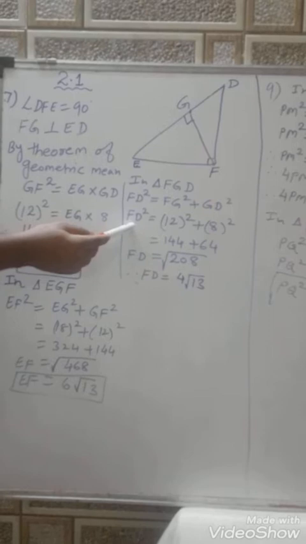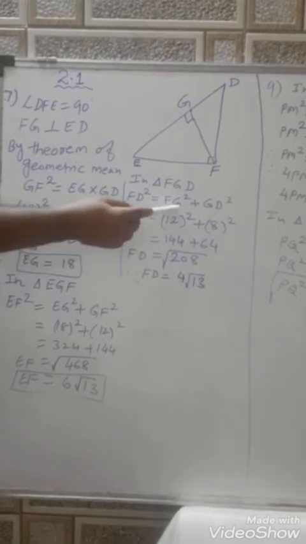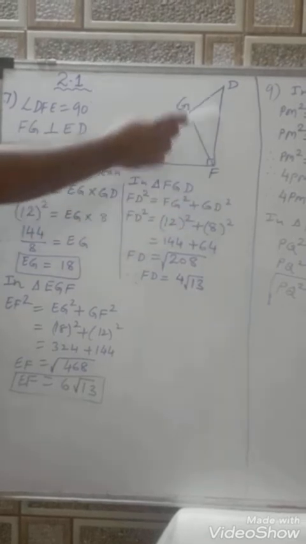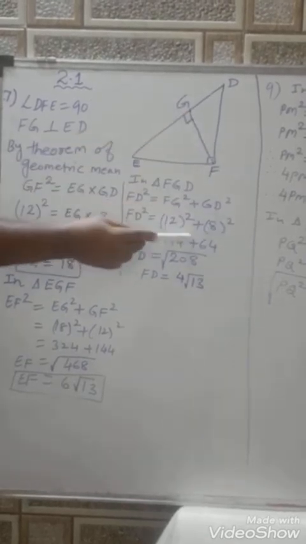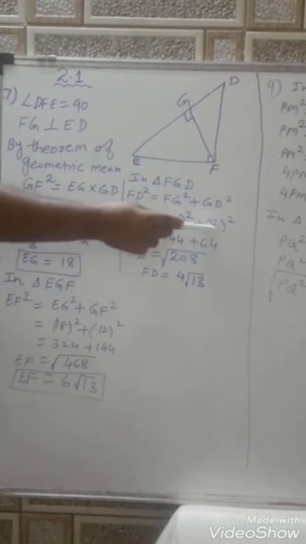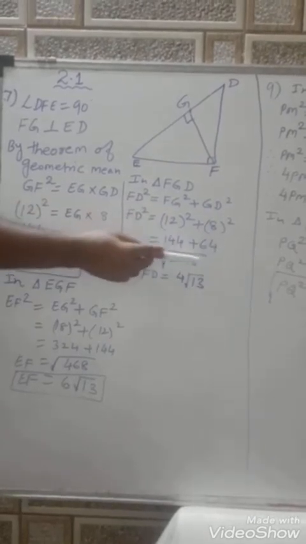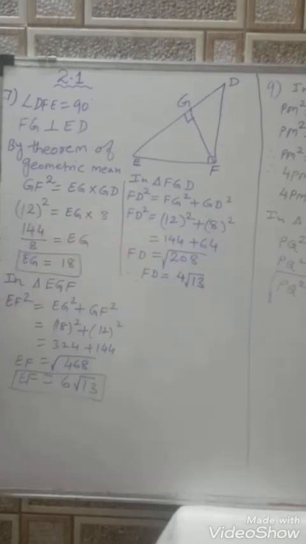FD square remains the same. FG is 12 square and GD is 8 square. 12 square is 144. 8 square is 64. So 144 plus 64 you get 208.